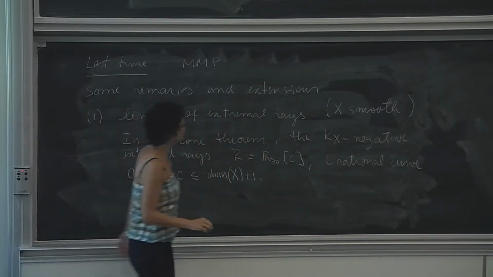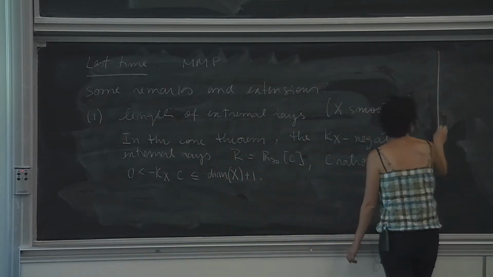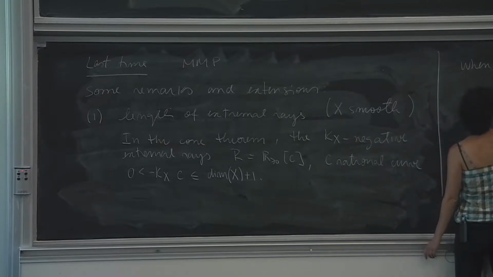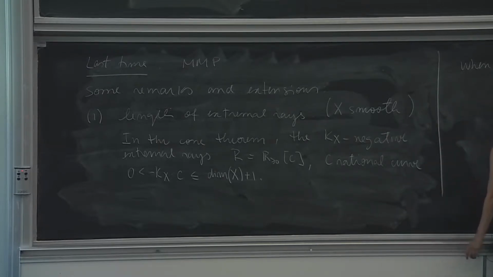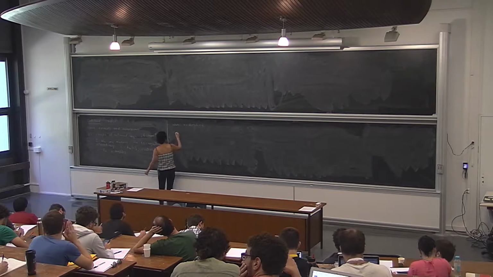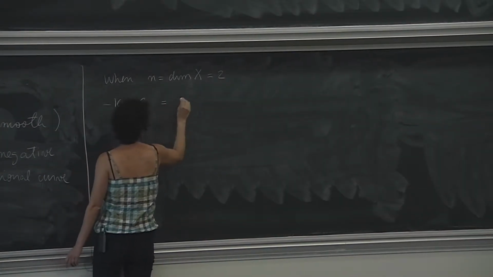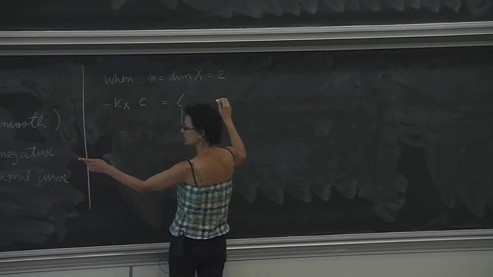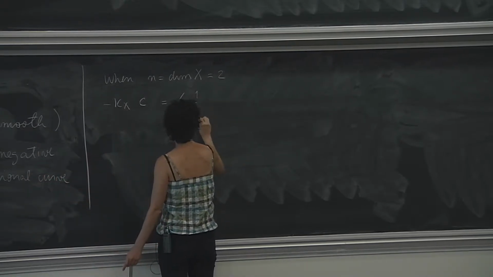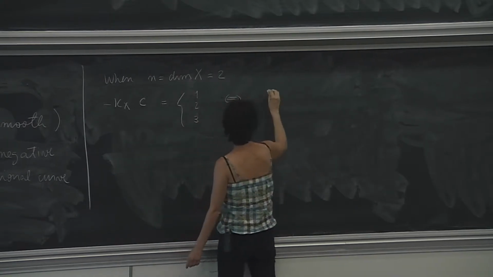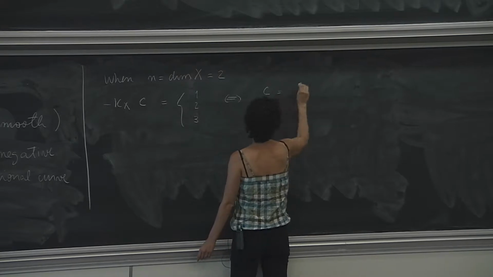And let me remind you that in the surface case, when the dimension of X is 2, the possibilities for the anticanonical degree of C were 1, 2, and 3. This corresponds precisely to the following cases.